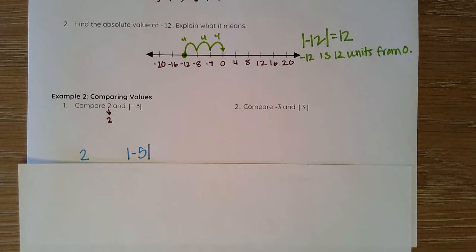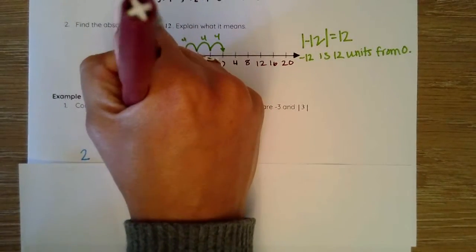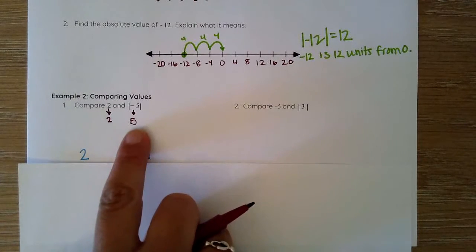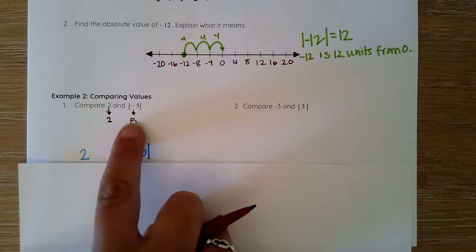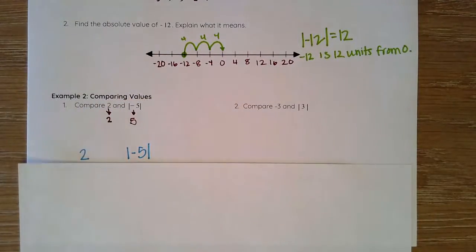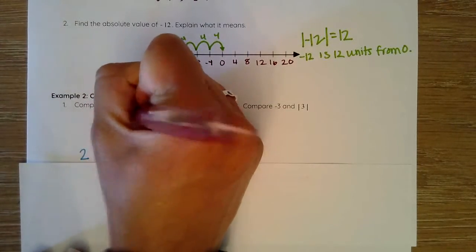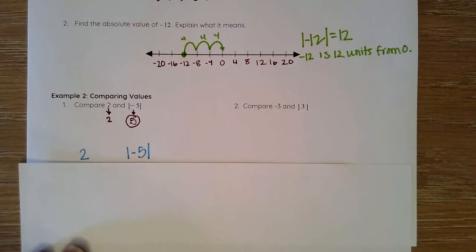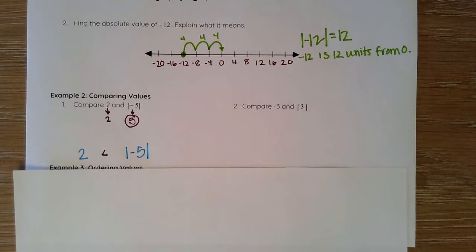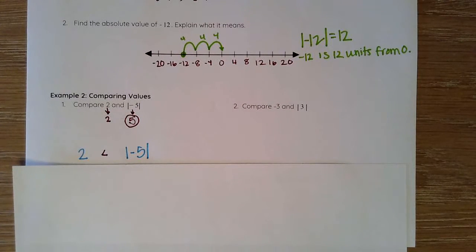The absolute value of -5 is +5. So now I can compare more appropriately. It's easier for me to see that 5 is bigger than 2 than to see that the absolute value of -5 is greater than 2. 5 is greater. So if I were to compare this, I would say 2 is less than the absolute value of -5.